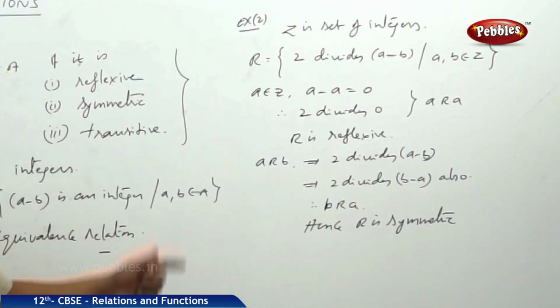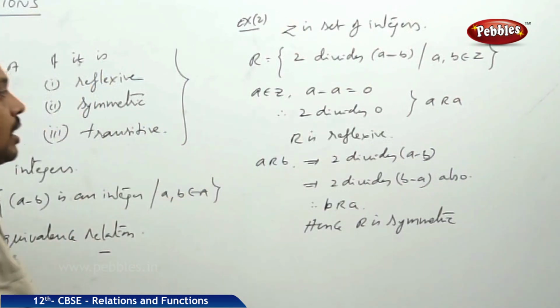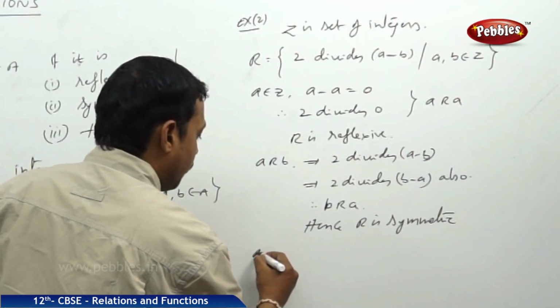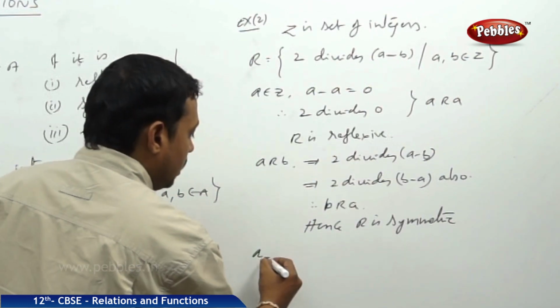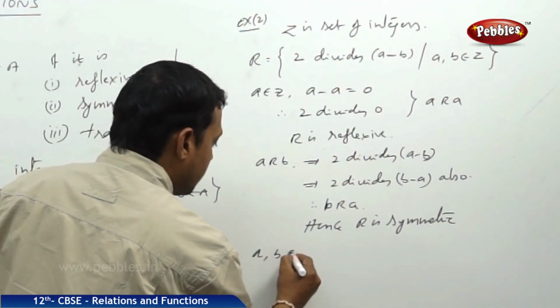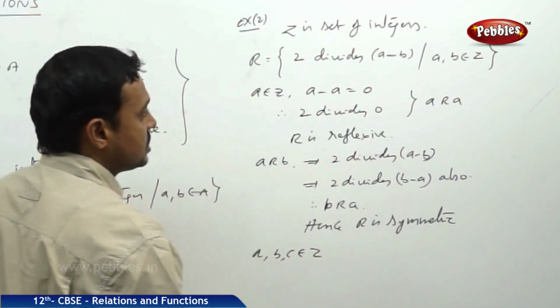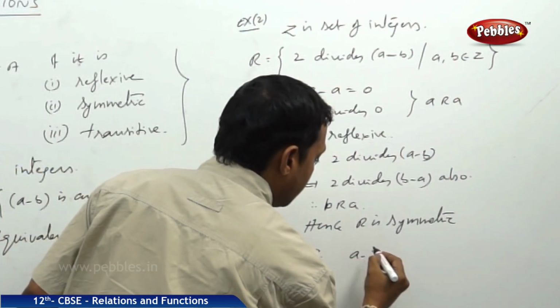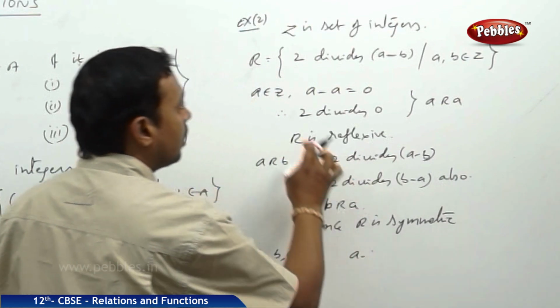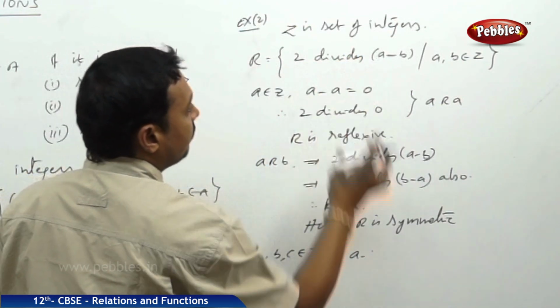Next, let us check whether it is transitive or not. For A, B, C belonging to Z such that A minus B, what is the relation here? I have taken 2 divides.